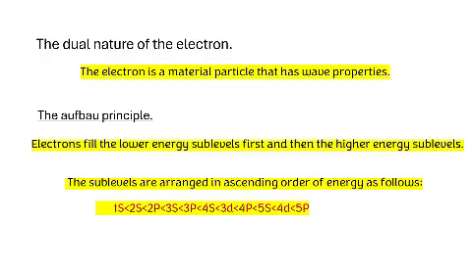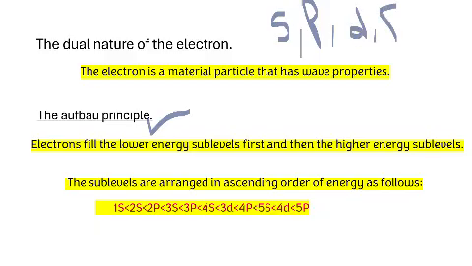And now we come to the Aufbau principle. What does it state? Before we discuss it, let me remind you that S, P, D, and F are called the sublevels.